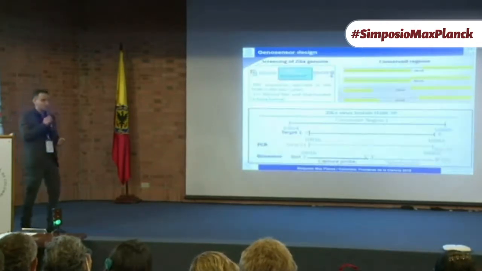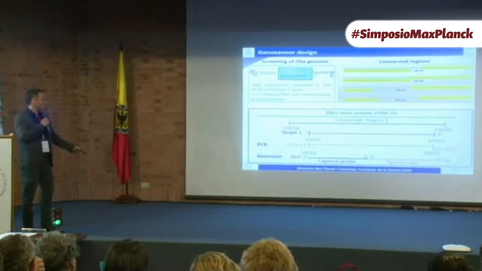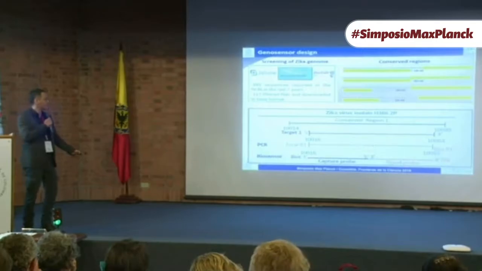So first of all, we need to develop the target sequence, and the capture and signal probe sequences. For this purpose, we did a bioinformatics design and selected, for example, the conserved region. From the conserved region, we select the target, the primers to amplify the target, and also the biotinylated capture probe and a digoxigenin labeled signal probe.